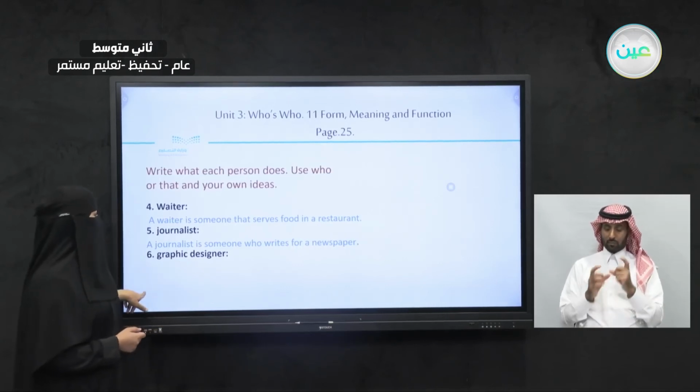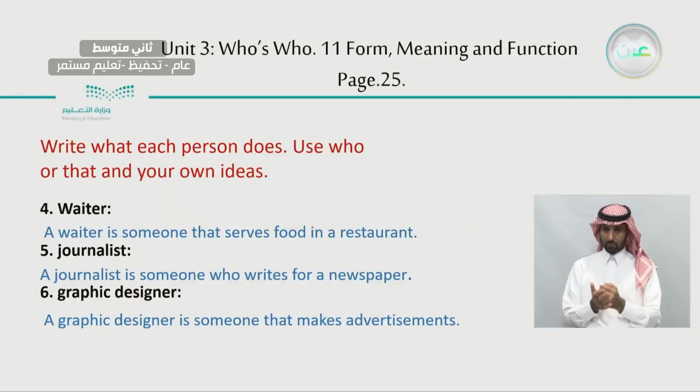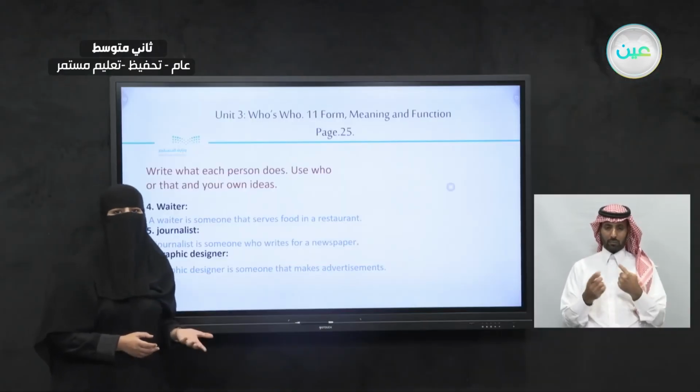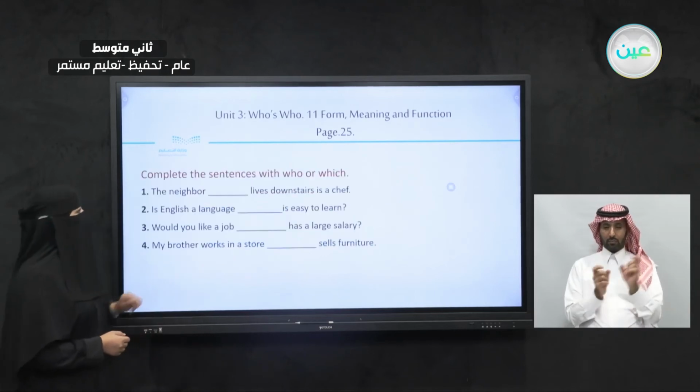Use who or that. A graphic designer is someone that makes advertisement. That makes advertisement. See? When we used who or that, both of them are relative pronouns we can use to talk about people.